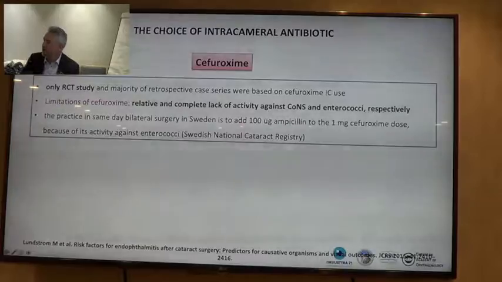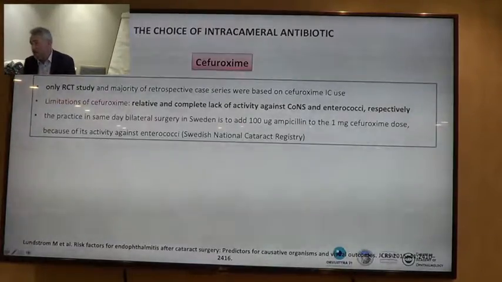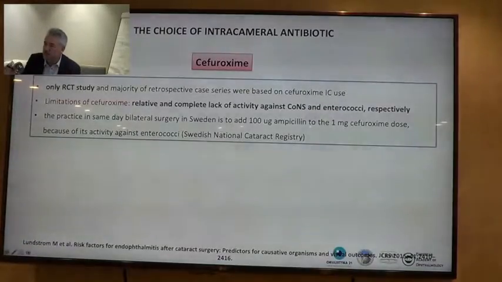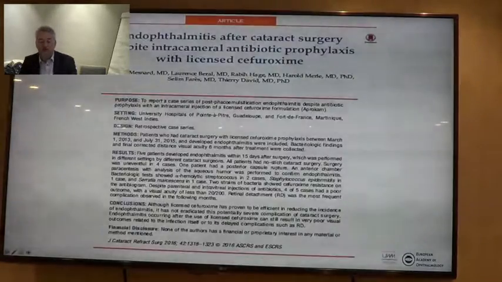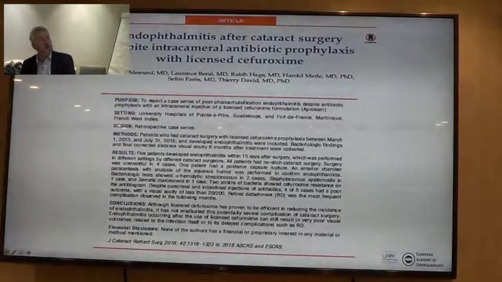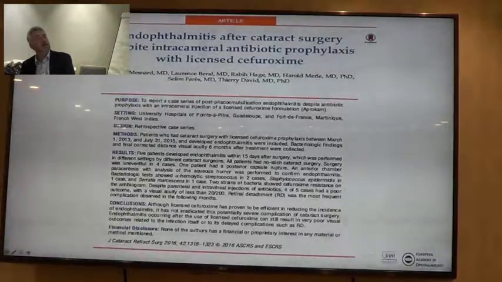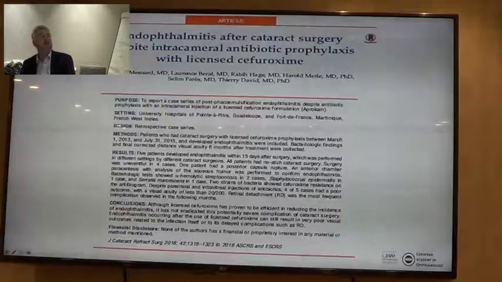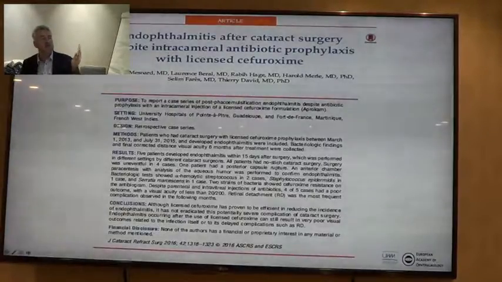So we have a safe antibiotic. However, it's not as efficient. It's not covering all microorganisms. And finally, there are reports showing endophthalmitis cases despite intracameral antibiotic prophylaxis with licensed cefuroxime.